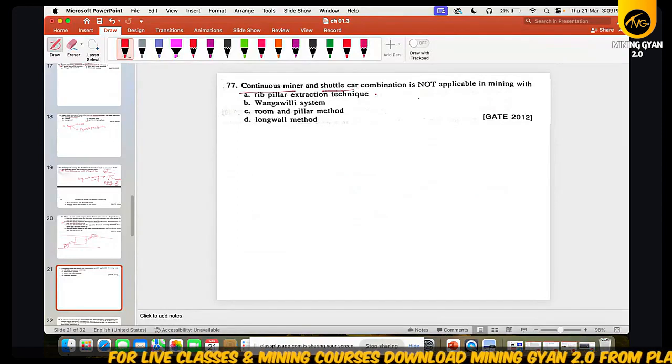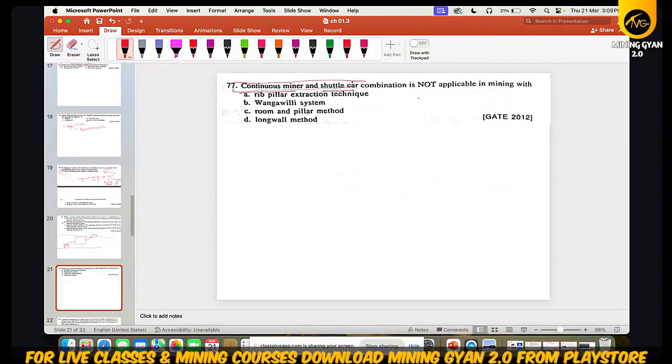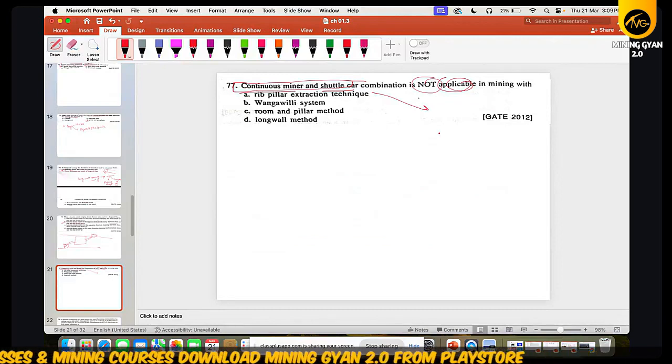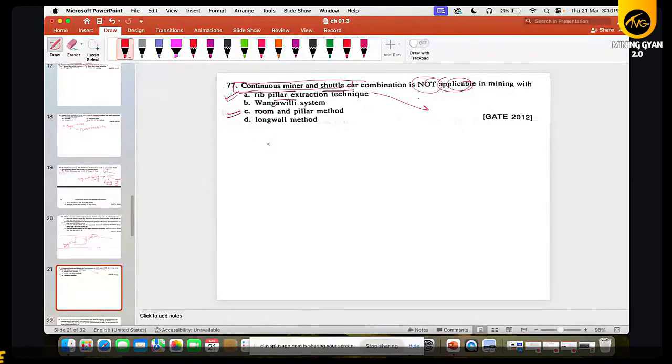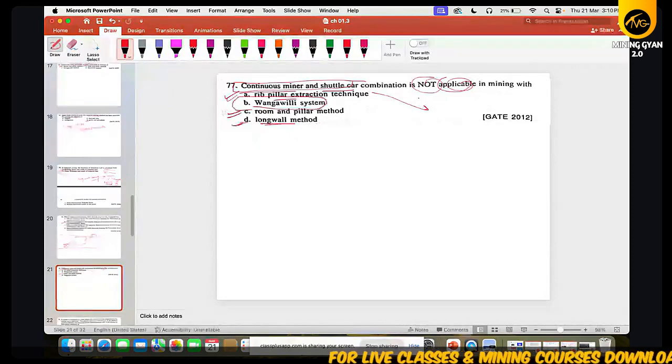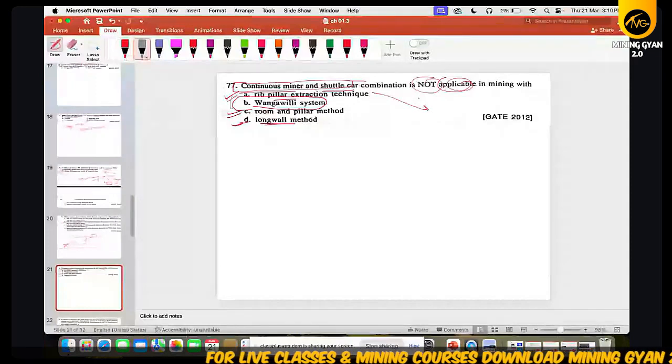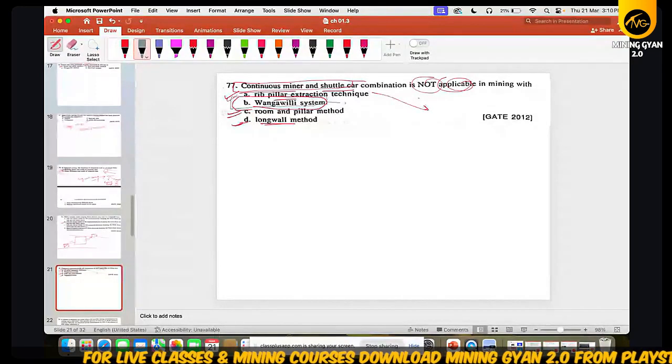Continuous miner and shuttle car is not applicable. He is asking where we can use a continuous miner and shuttle car. So we know that in rib and pillar extraction we do, and for room and pillar we also can use a continuous miner and shuttle car. Longwall mining we can do, but for the Wongawilli system, we will not use the continuous miner and shuttle car.